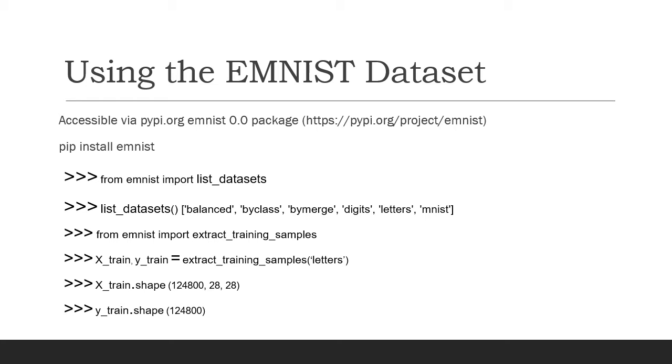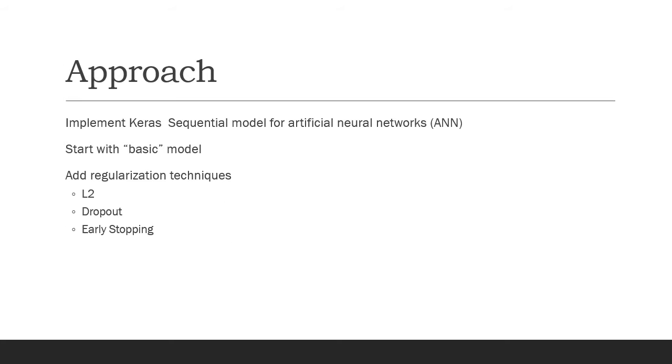For instance, if you just run extract training samples with the letters parameter, you get two different arrays, xtrain and ytrain, for the training image data and the associated labels. And you can see here there are 124,000 rows of data.